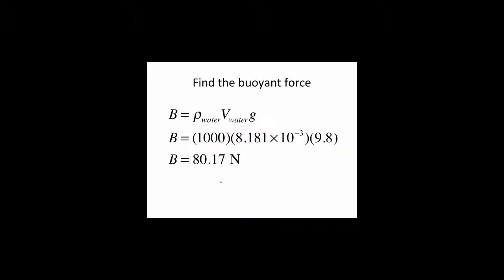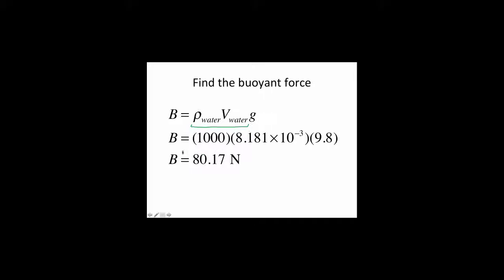The next thing we need to do is find the buoyant force. Just remember, the buoyant force is always equal to the weight of the water displaced. When we multiply the density of the water times the volume of water displaced, we get mass. So the buoyant force is really equal to the mass times the acceleration due to gravity.